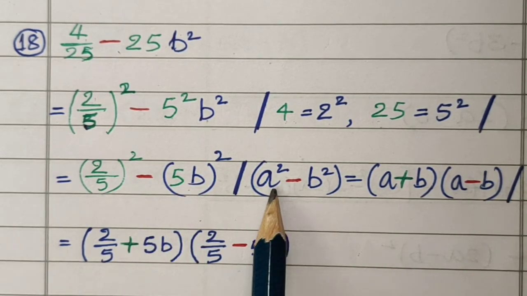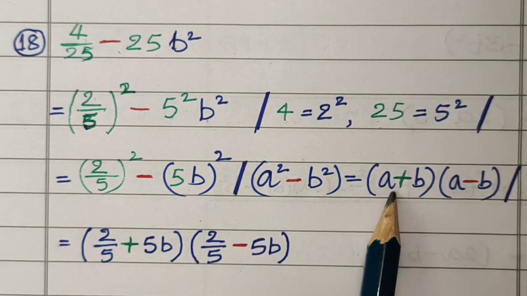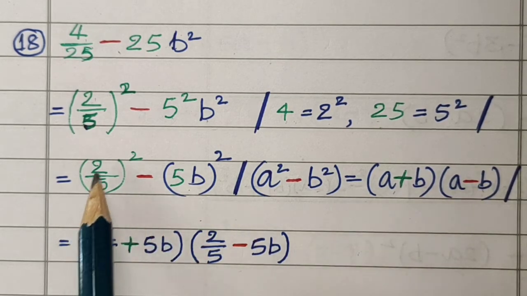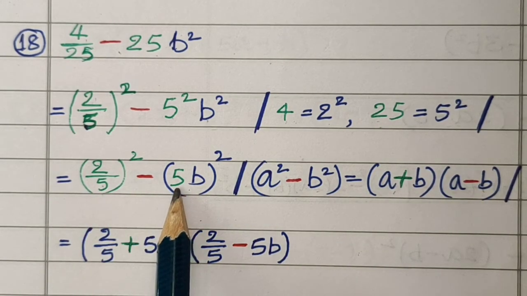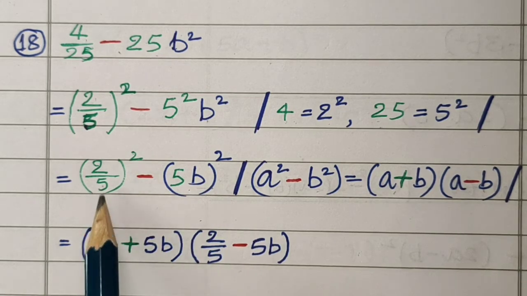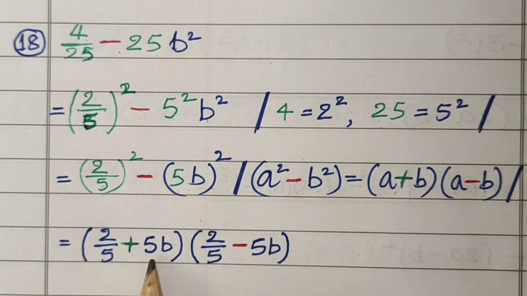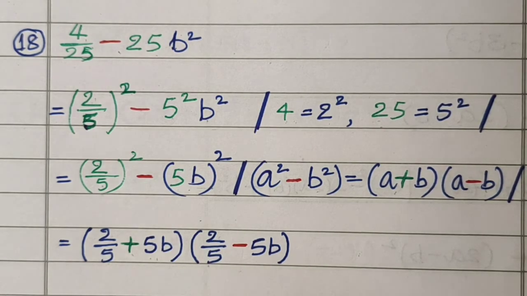This is in the form of a square minus b square, which is equal to a plus b into a minus b. In place of a we have 2 by 5, in place of b we have 5b. Then a plus b is 2 by 5 plus 5b, and a minus b is 2 by 5 minus 5b.